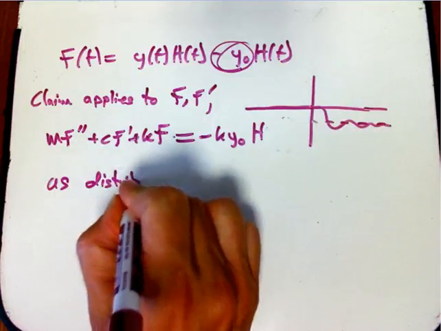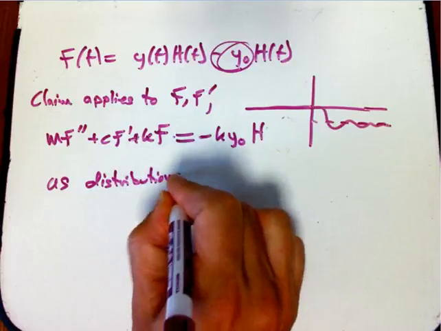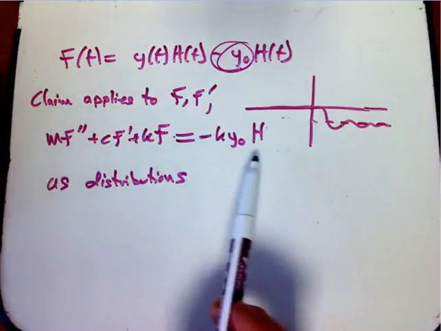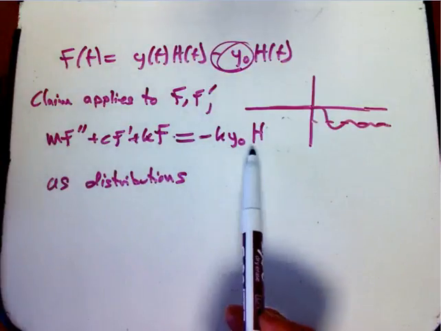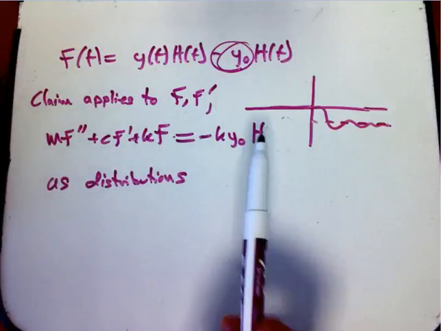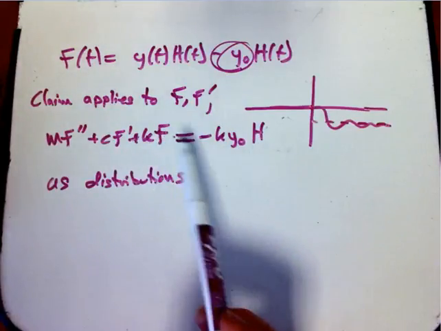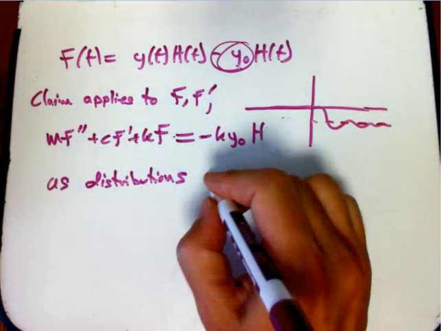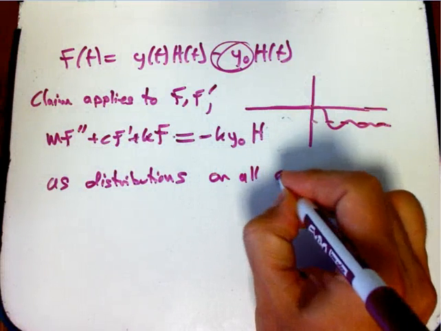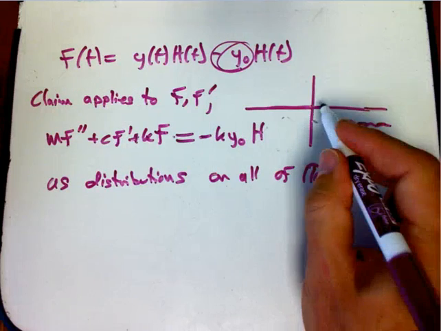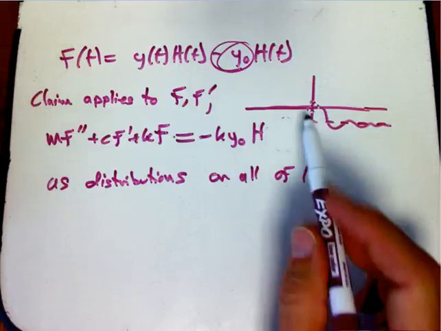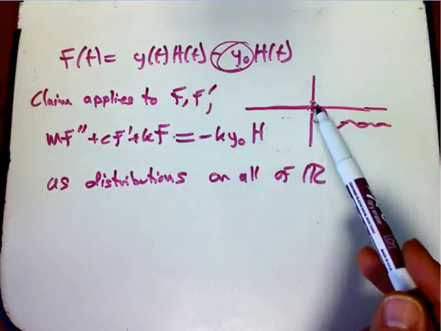Okay, so again, what we did was a calculation that works almost everywhere but at the origin as ordinary functions, and because we know this hasn't yet done enough weirdness to create deltas, it's actually true as distributions on all of R. We're not secretly, by ignoring the origin, t equals 0, suddenly ignoring some important delta thing.